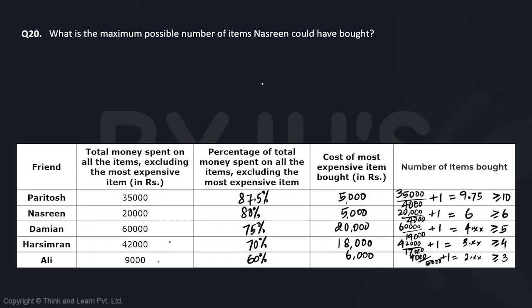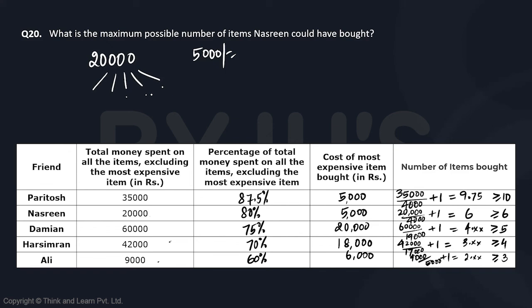What is the maximum possible number of items Nasreen could have bought? So if you look, Nasreen has spent 20,000 in order to buy 5 items, because the 6th item is the costliest one. We already know about that. And the costliest item is 5,000 is the cost for this. So the maximum value that Nasreen can take is going to be 4,000, right?